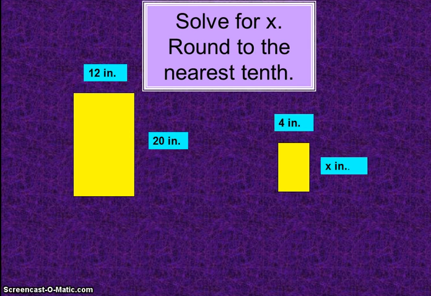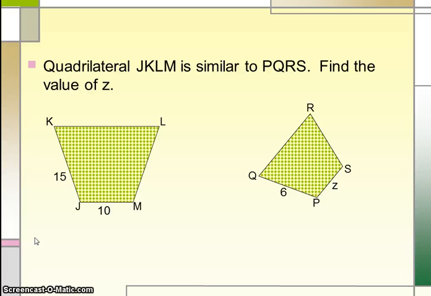I'm not going to bother with this example, although it is in your PowerPoint link back on your main page. This is the last example I will do. We've got a quadrilateral here, which of course is a polygon. It says quadrilateral JKLM is similar to PQRS.